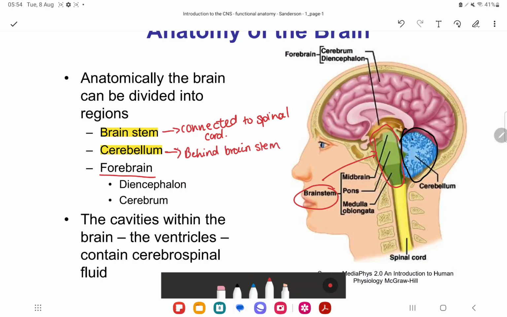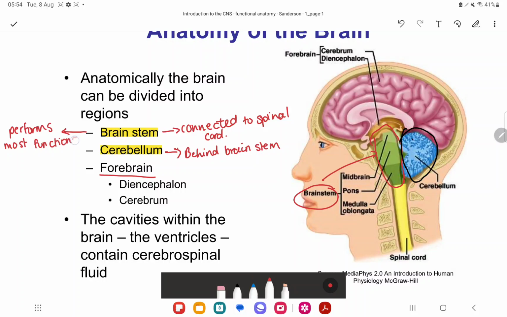Something else with the brainstem, it also performs the most basic functions.